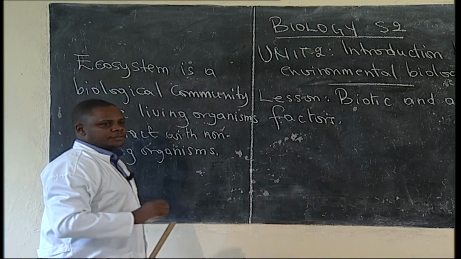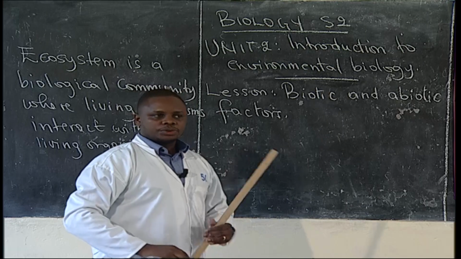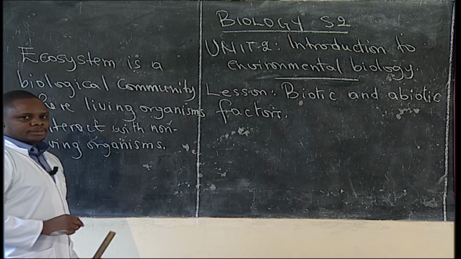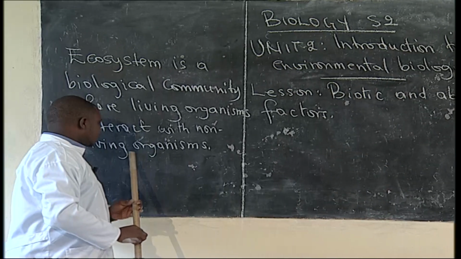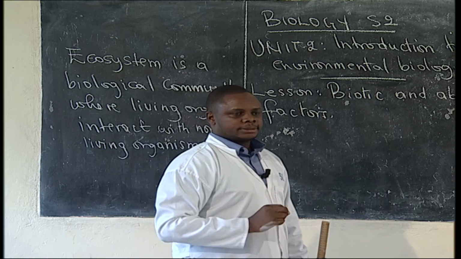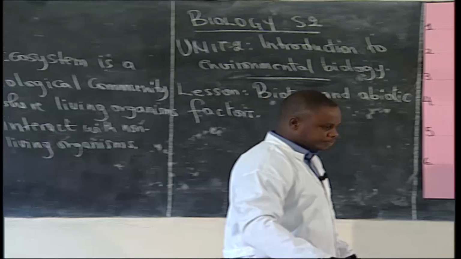In this definition, there are two important things you have to know. One of them is living organism. Another one is non-living organism. This is very important. If it is clear, let's continue.